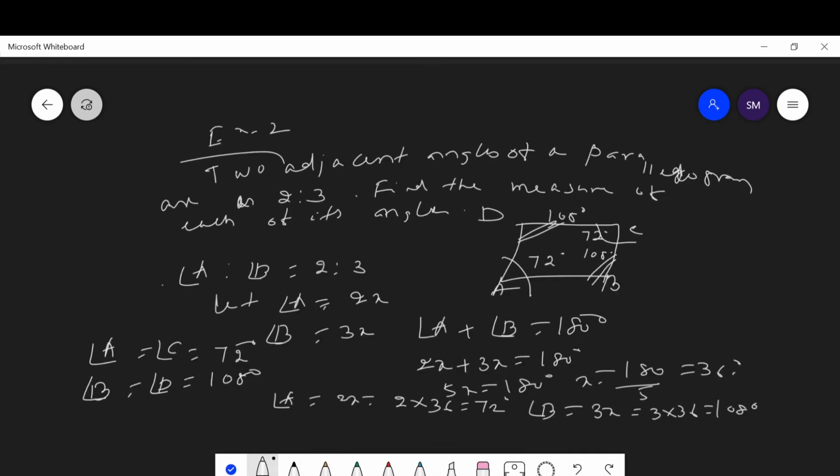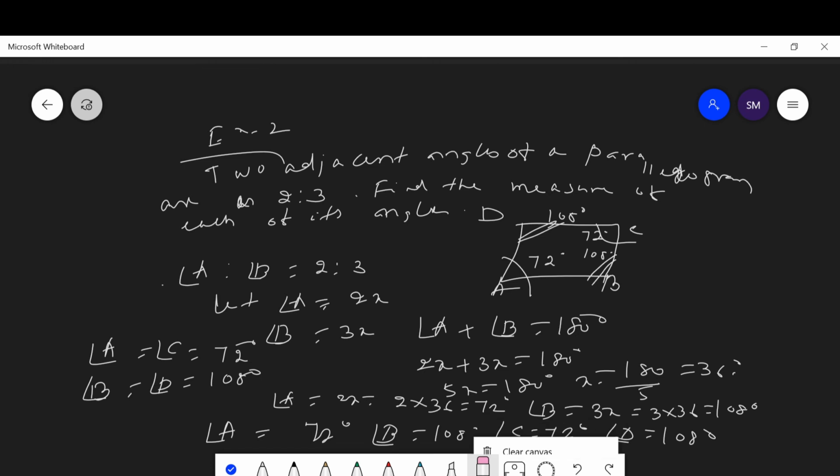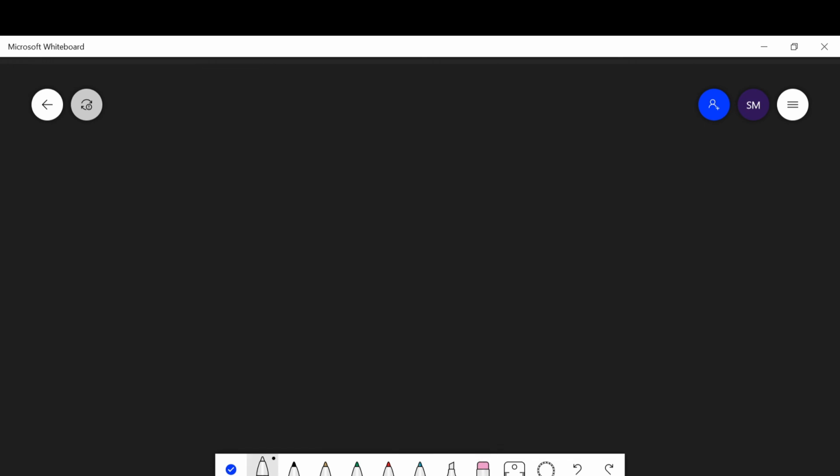We come to the conclusion that angle A is equal to 72 degrees, angle B is equal to 108 degrees, angle C is equal to 72 degrees, and angle D is equal to 108 degrees. In this way we can find out all the four angles of the parallelogram. Now students, let us practice some more examples.